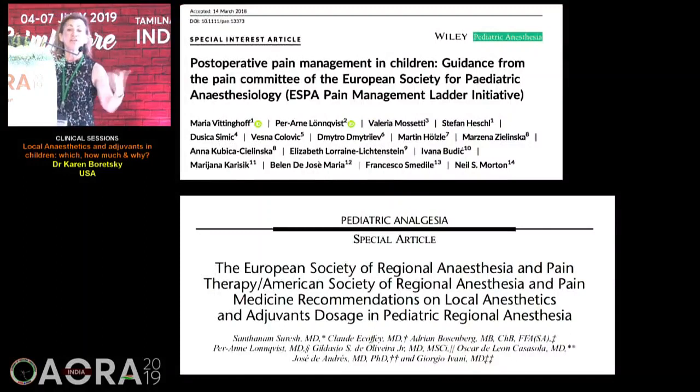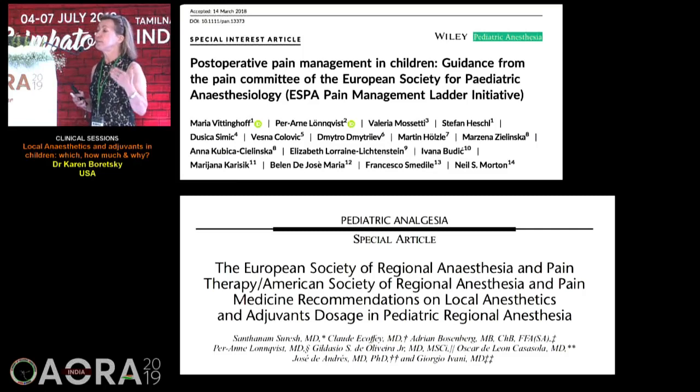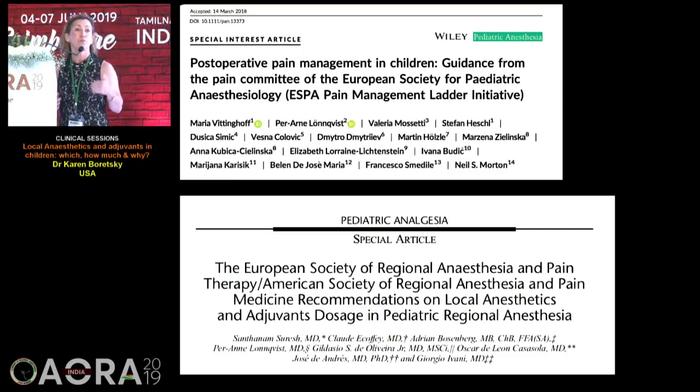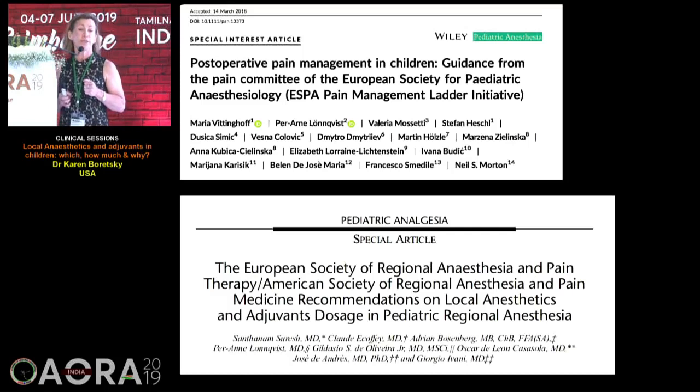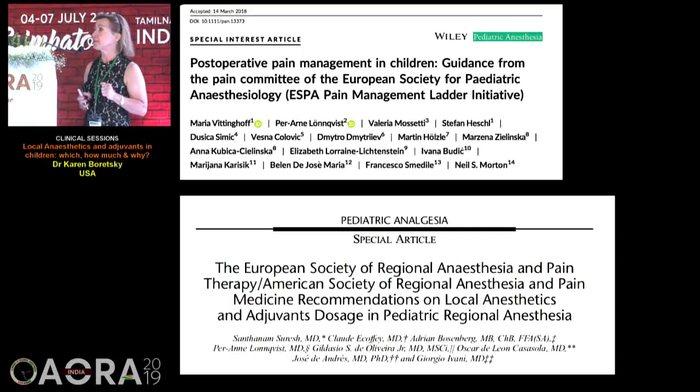Now, in terms of guidelines, I'm going to stand up here and try to tell you what kind of dosing we should be using in our nerve blocks for the babies. And there have been two very nice recent publications. One has been by the ESPA, the European Society of Pediatric Anesthetists, and they gave guidelines for postoperative pain management, and the European Society of Regional Anesthesia, in combination with the American Society of Regional Anesthesia, published their guidelines.